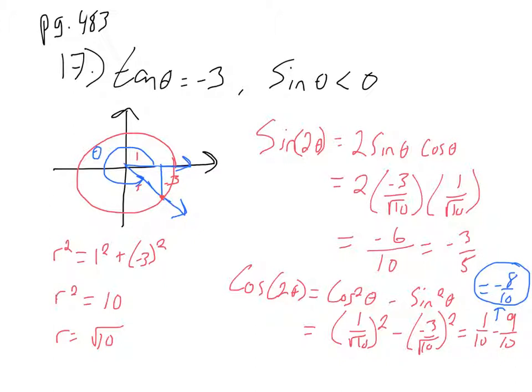For the half angle ones, sine of theta over 2 is equal to plus or minus the square root of 1 minus cosine theta over 2.